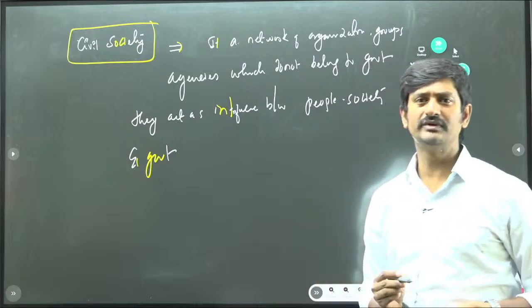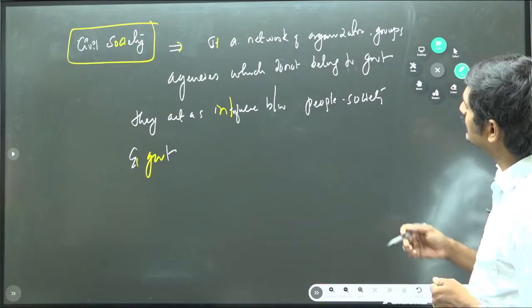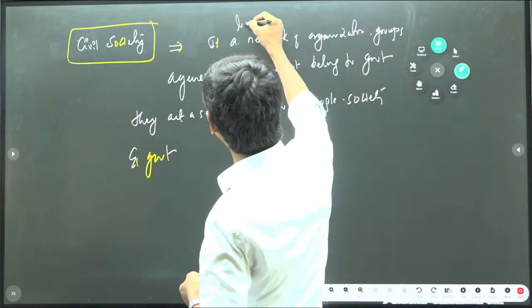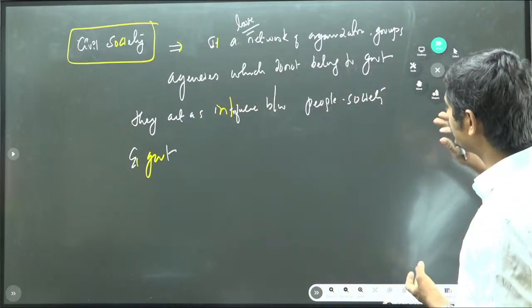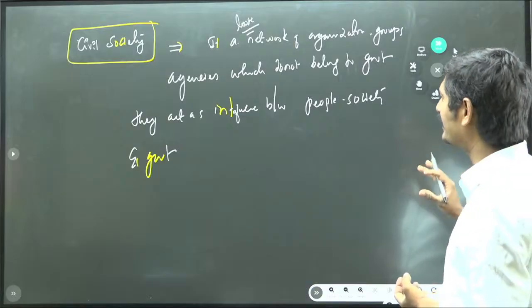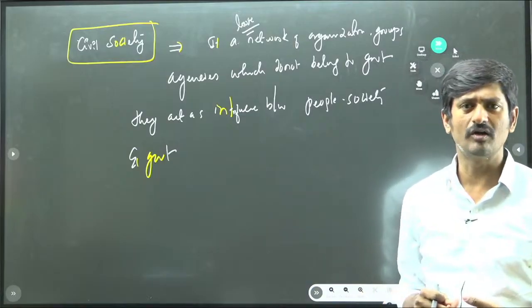It is a loose network, not a consolidated term, of organizations, groups and agencies which do not belong to government and act as an interface between society and government.